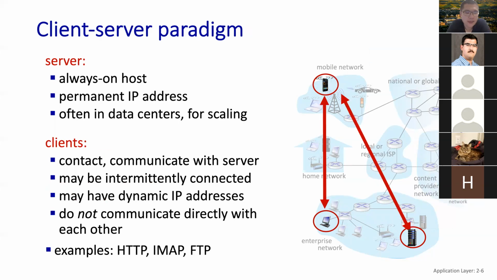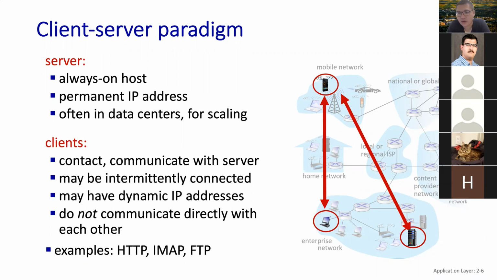So here the first paradigm is client and server. So I think this is a very classic and famous paradigm in application layer protocols, right? We have some server, we have some clients, right? Server and the clients, how they communicate with each other. So the server always runs on a host, okay? It has a permanent IP address, because if its IP address changes, no one can find it later, right?